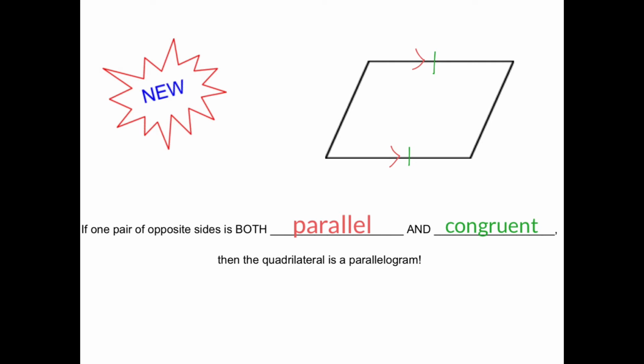Again, focusing on the fact that this is one pair of opposite sides, it has to be that same line, those same sides of the quadrilateral, marked as parallel and congruent. We don't need any information about the other pair of sides or any angle information. This is all we need in order to say that the quadrilateral is a parallelogram.